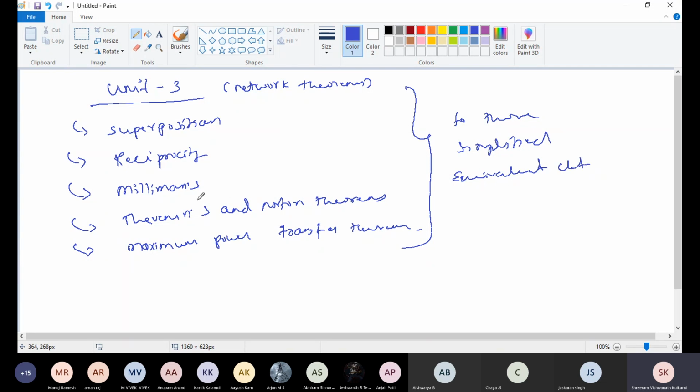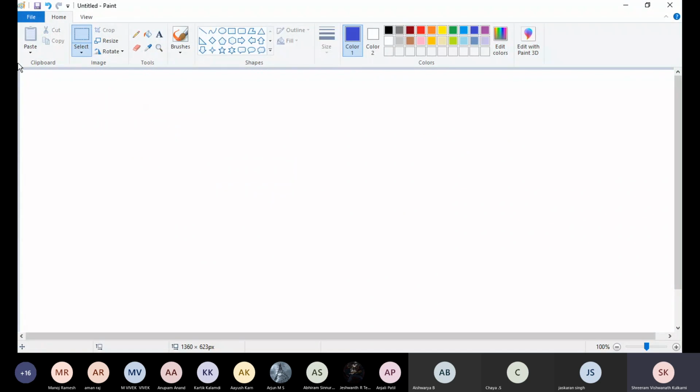First today we are going to discuss the superposition theorem.